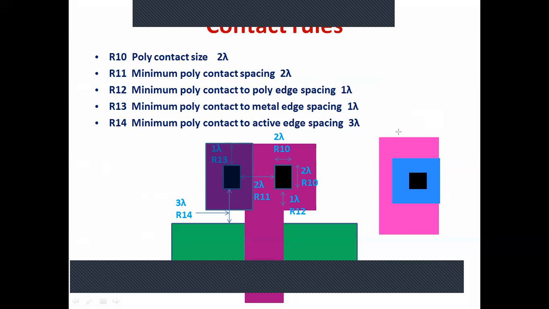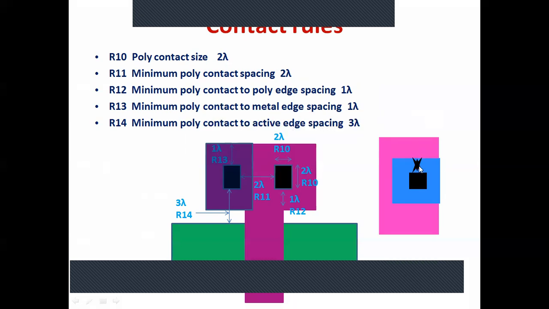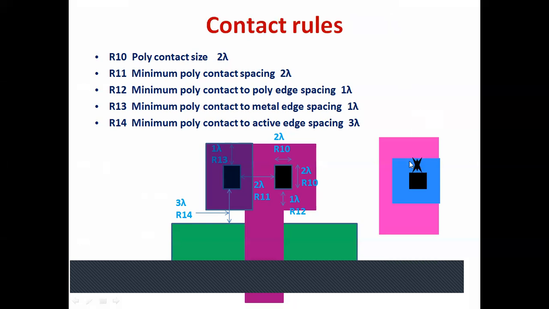This rule R13 is basically the distance between this metal edge and contact edge. What is the distance between metal edge and contact edge? That has to be 1 lambda.